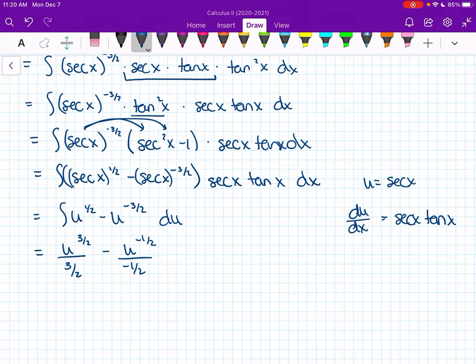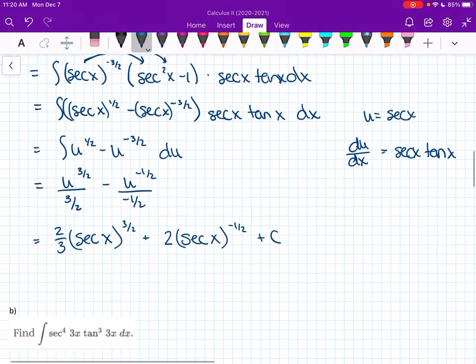So then I'm going to end up with 2/3 secant to the 3/2 plus 2 times secant to the negative 1/2 plus c. All right, great.